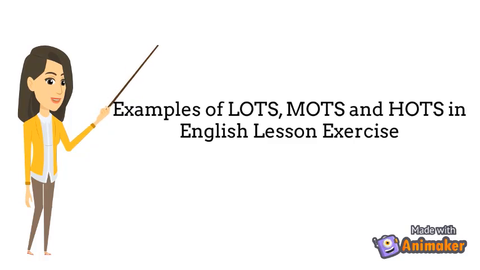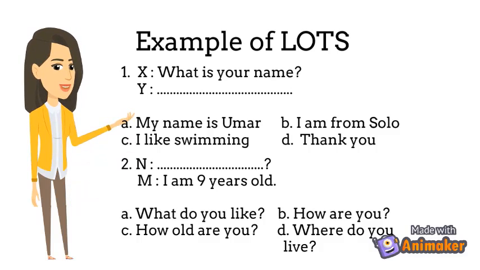Next, I will show you examples of LOTS, MOTS, and HOTS in English lesson exercises. This is an example of lower order thinking skill questions, in the form of multiple choice. In number 1, X is asking what is your name, and we need to find the suitable answer for that question. The correct answer is A, my name is Umar.